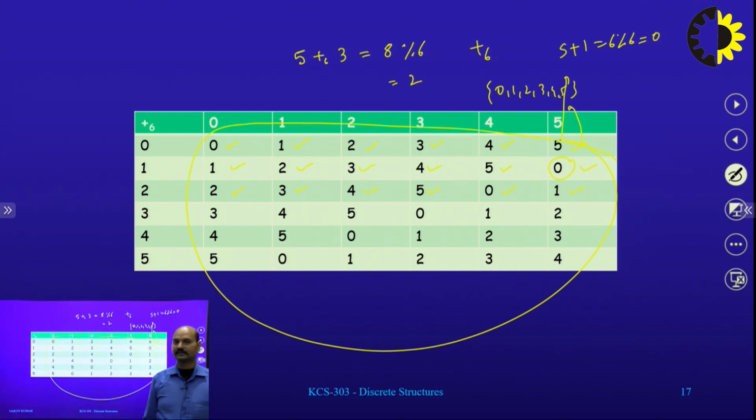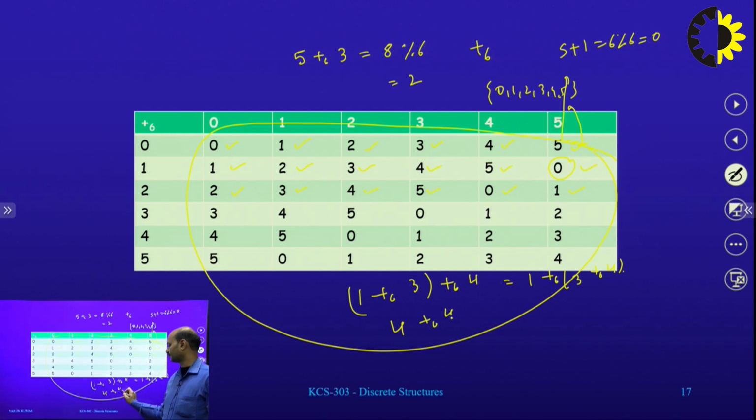And we check whether it is associative. So we check that 1 plus 3, then plus 4, is also equal to 1 plus, 3 plus 4. 1 plus 3 becomes 4, then 4 plus 4 becomes 8, and 8 mod 6, the remainder is 2.